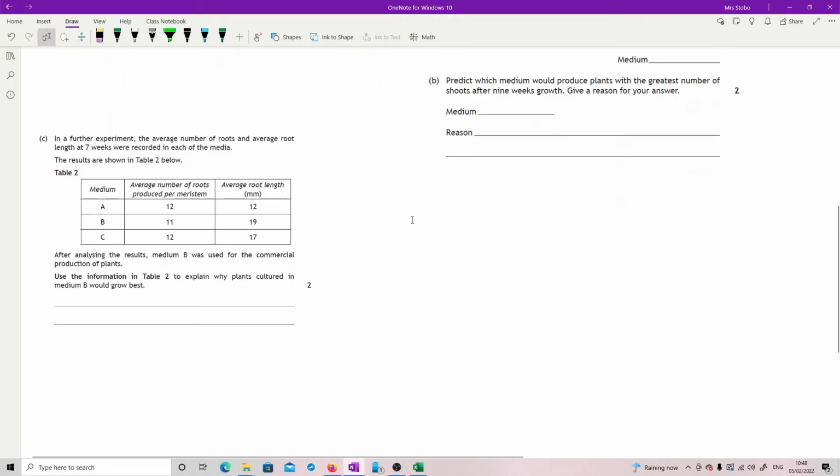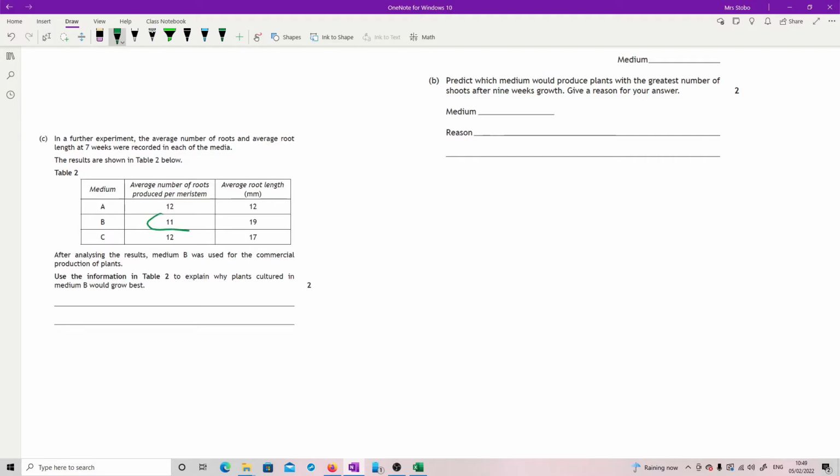In a further experiment, the average number of roots and the average root length at 7 weeks was recorded in each of the media. Results are shown in Table 2. After analysing the results, medium B was used for the commercial production of plants. Use the information in Table 2 to explain why plants cultured in medium B would be best.